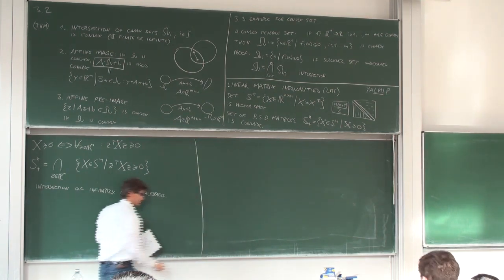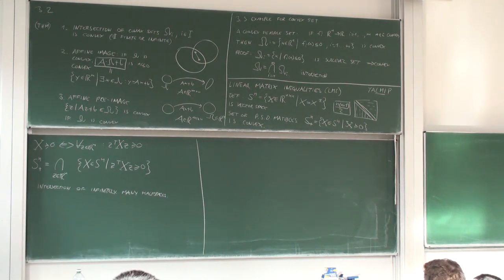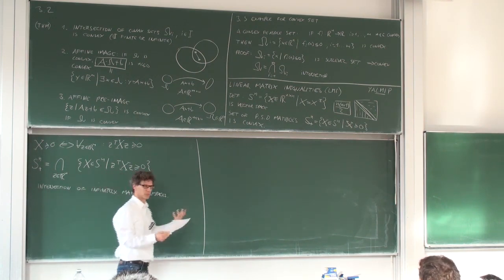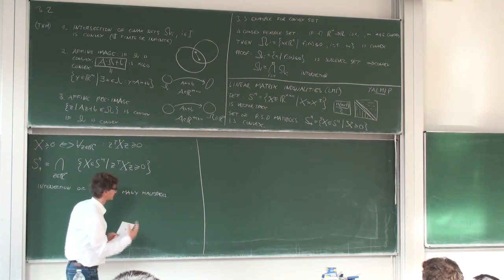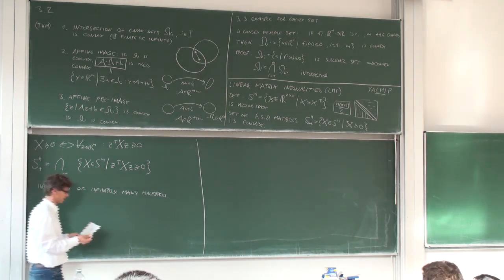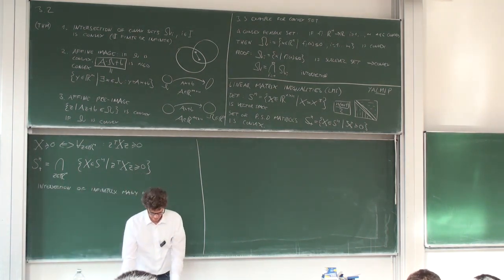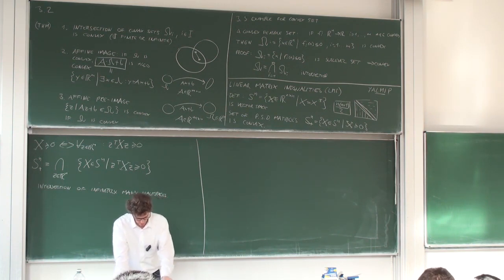Okay, so now we have a convex set, and this is not yet what we call a linear matrix inequality, because it's just one set which turns out to be a convex set in a high-dimensional matrix space. But now we want to actually define convex sets in a normal real Rn, or Rm we call it here.